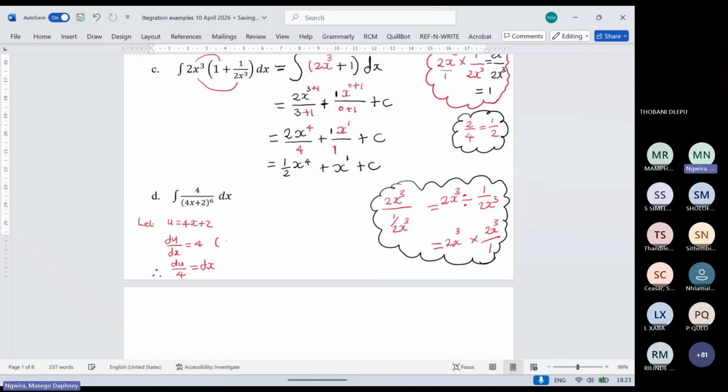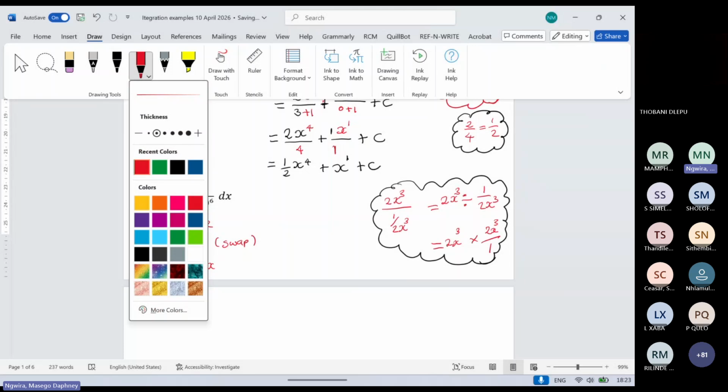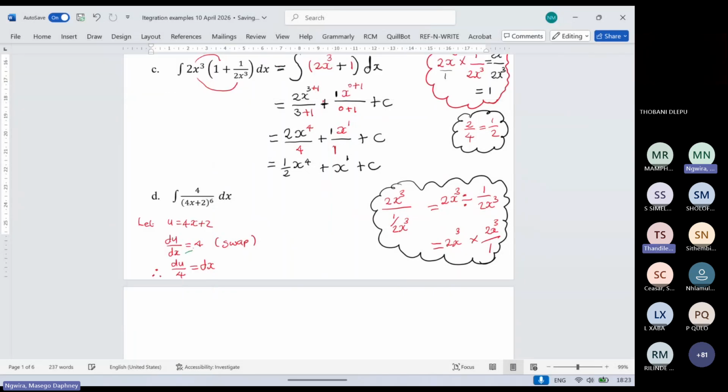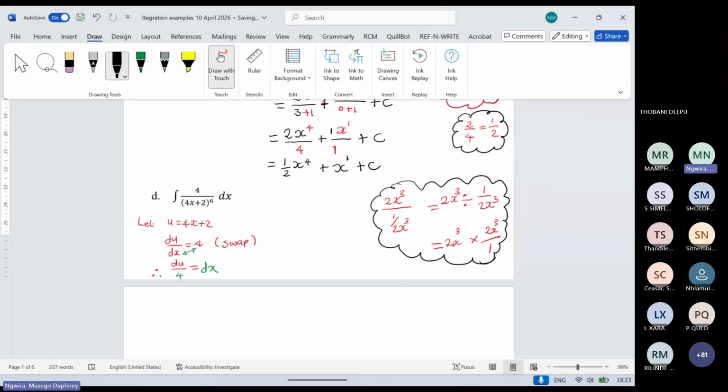So here we swap. I'm swapping these two so that everyone can see. Okay, we can continue.